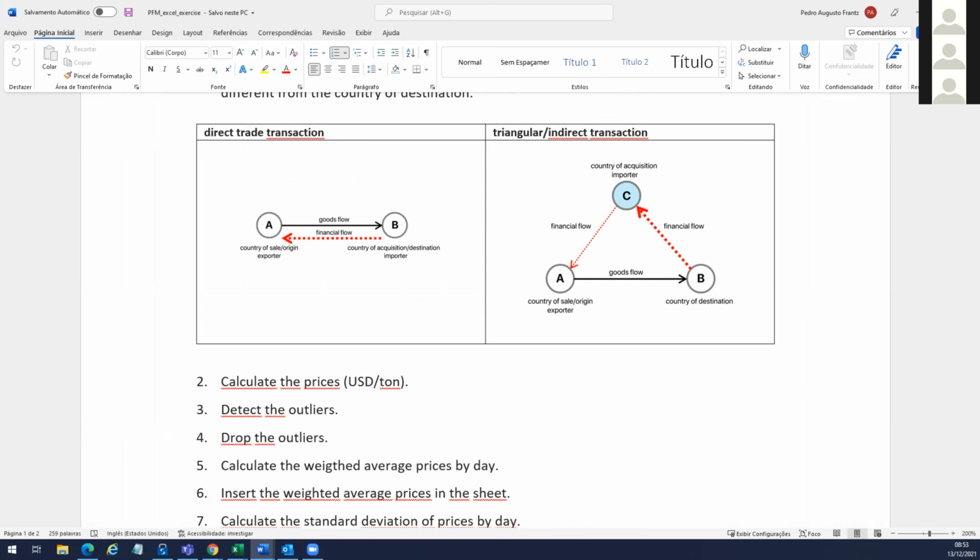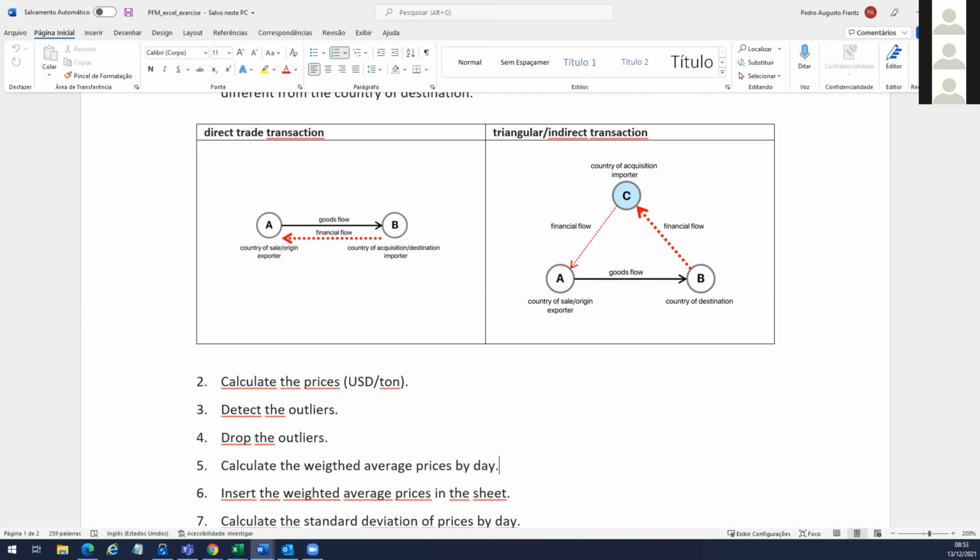And these are the jurisdictions that are reported as the importer or the exporter. So the country of sale is always the exporter, and the country of acquisition is always the importer in an import or export transaction. And you are going to have also the country of destination or the country of origin of the goods.